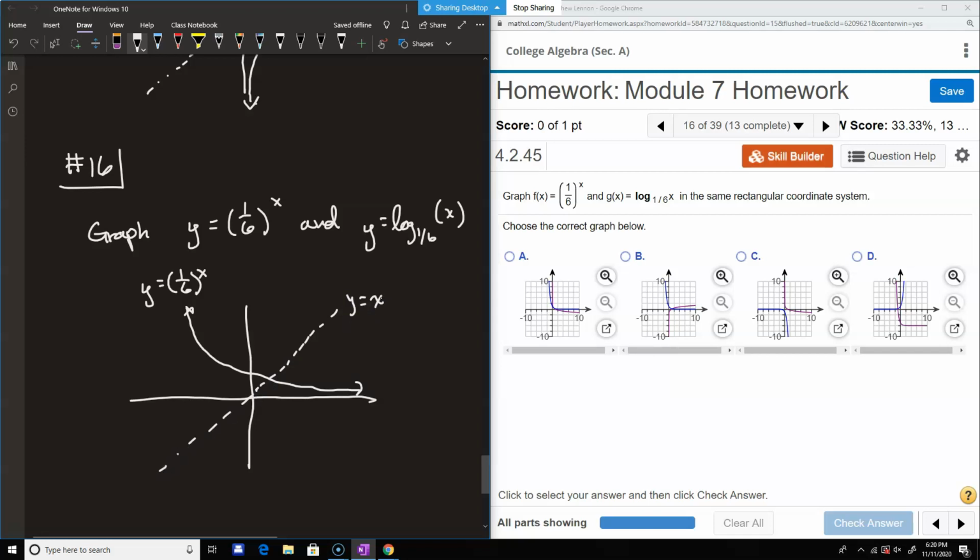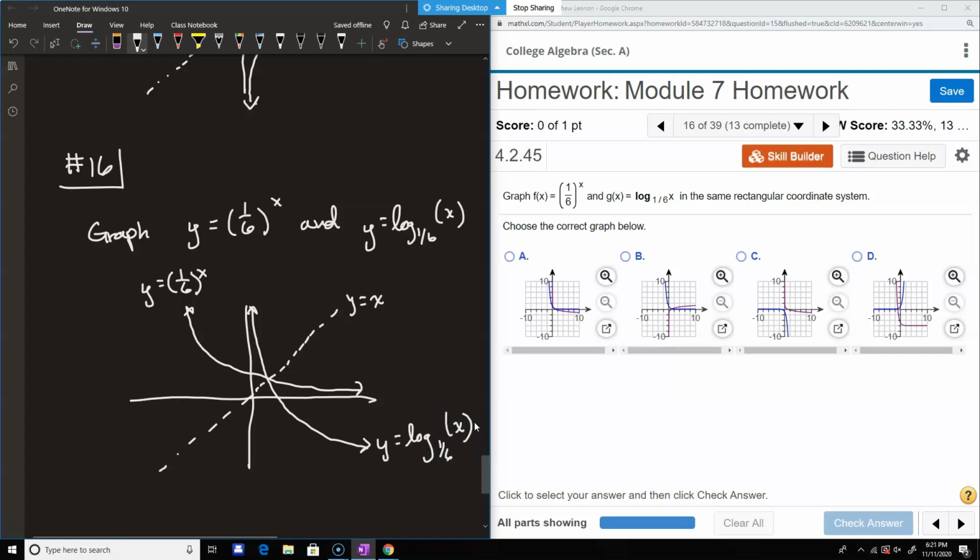Now we have to reflect to figure out what the log graph is going to look like. If it's getting close to this side of the axis, now the log graph should get close up here. They should pass through the same point, and then it should go this way. So this is going to be your y equals log base 1/6 of x. So these two actually do cross.